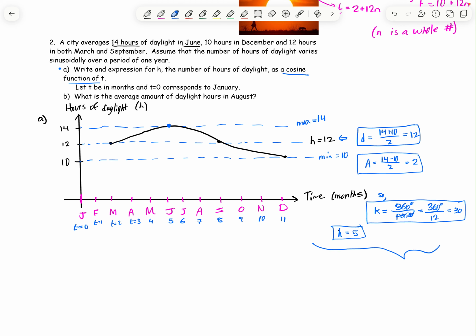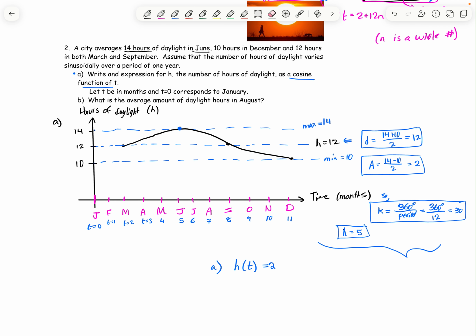So I can make this a cosine function. I'm going to say h of t, the hours of daylight in terms of the time of the year, the month, is equal to a, which is 2, cosine. My k value is 30.